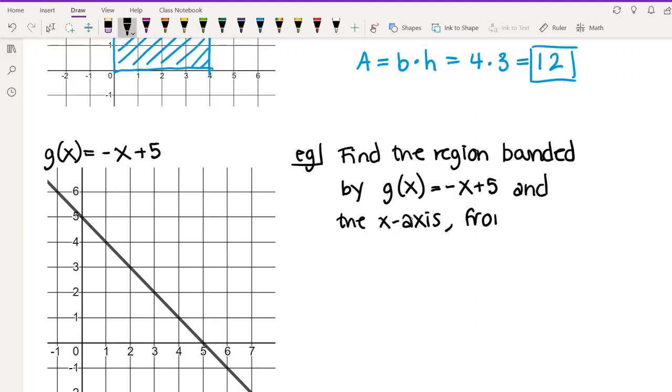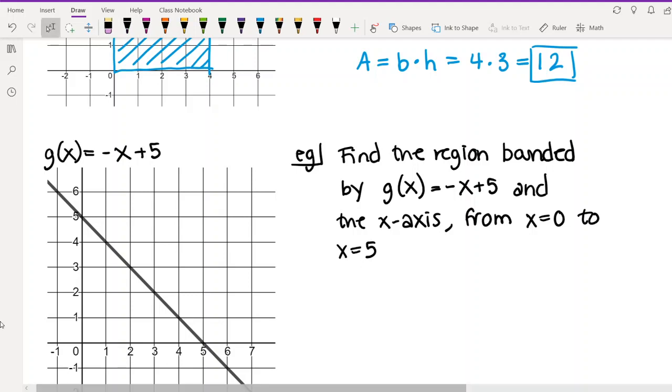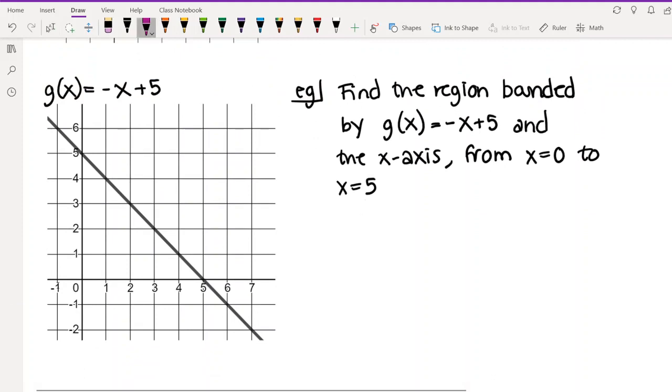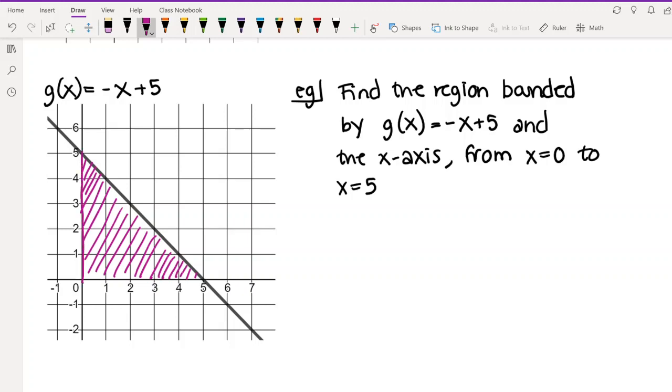And let's say we're going from x is equal to 0 to x is equal to 5. So what region are we talking about? In this case, we're talking about here. So the region closed off between x is equal to 0, that would be here, x is equal to 5 would be here, and then the x-axis, and then our graph negative x plus 5.